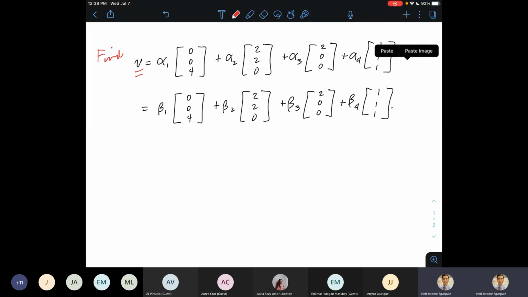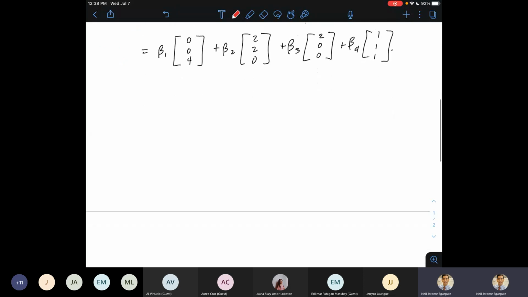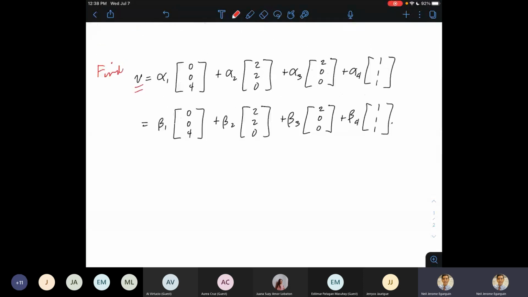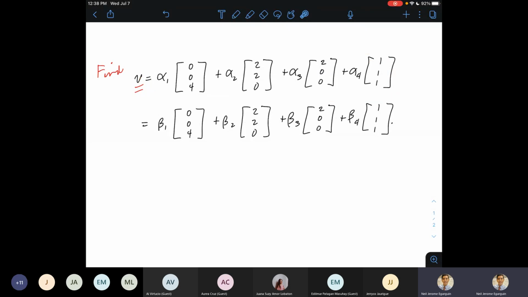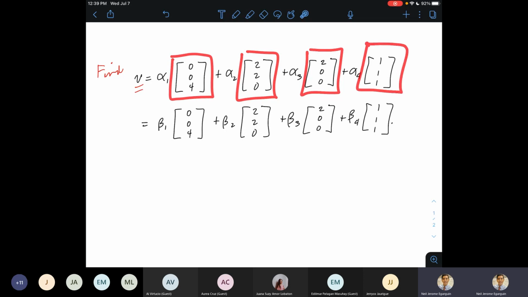But let's see how these two linear combinations are related to each other. Or perhaps let's see how the elements of X relate to each other. So these are our elements of X, big X. Okay, can we find a relationship between them?